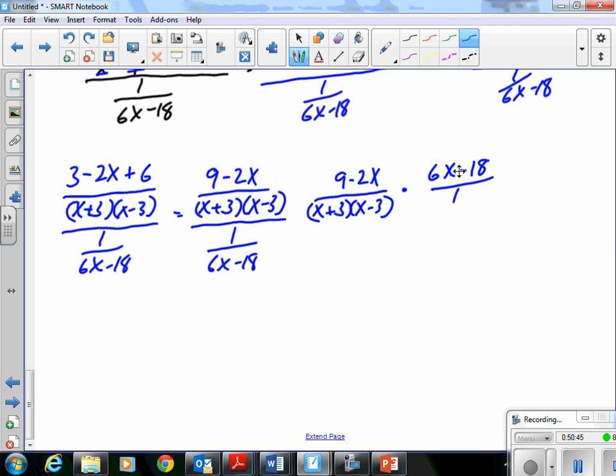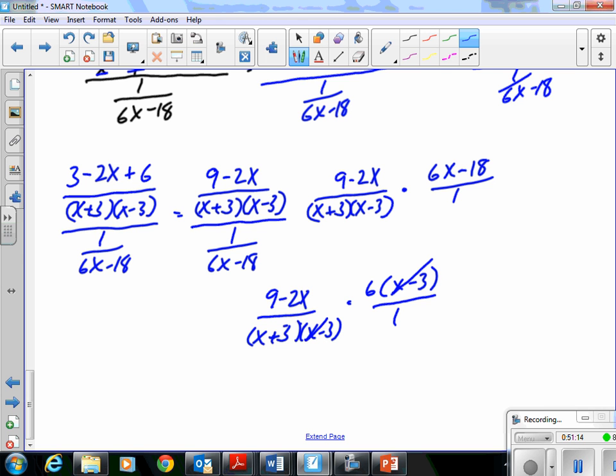The numerator is 6x minus 18, but we can actually factor that. Take a 6 out of there. And if we do that, that's going to leave us with 9 minus 2x over x plus 3, x minus 3 times 6 times x minus 3 over 1.